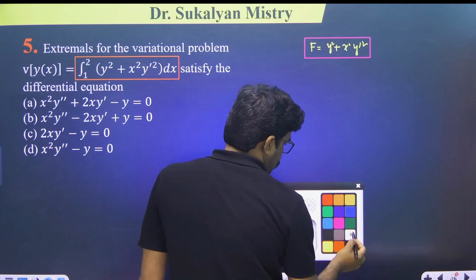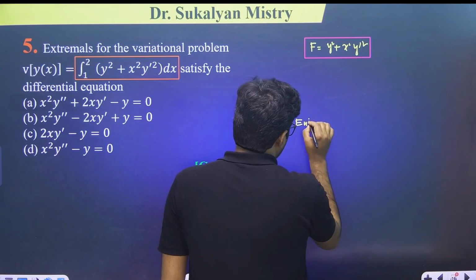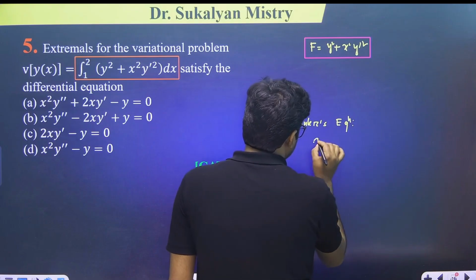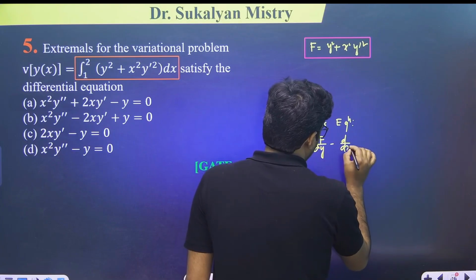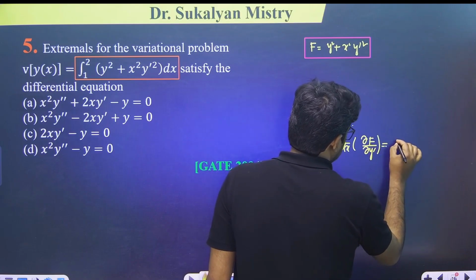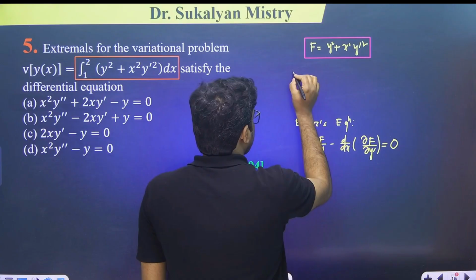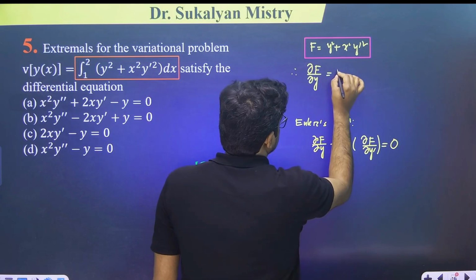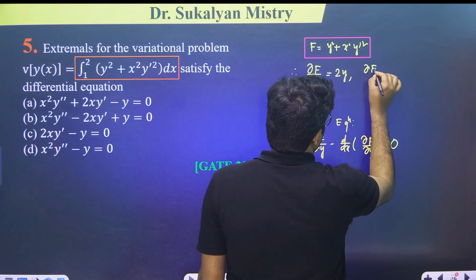The Euler's equation is ∂f/∂y minus d/dx of ∂f/∂y' is equal to 0. So this is the Euler's equation, right? Okay, so from ∂f/∂y, this is 2y. Okay, ∂f/∂y'.